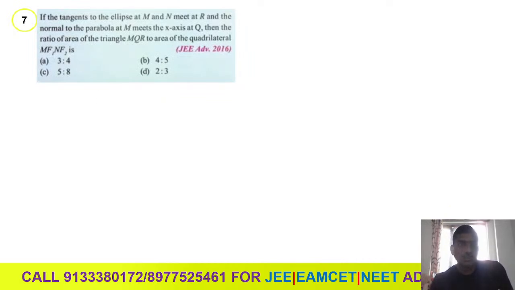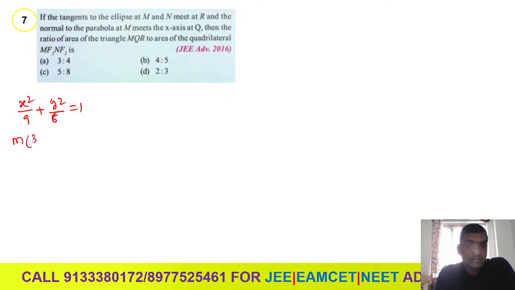If the tangents to the ellipse at M and N... So here, what is the equation of the ellipse? Once we can write here, x square over 9 plus y square over 8 equal to 1. Okay, now tangent at M and N. So already we know the point M 3 by 2 comma root 6 and point N 3 by 2 comma minus root 6.